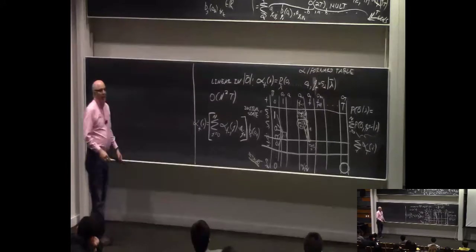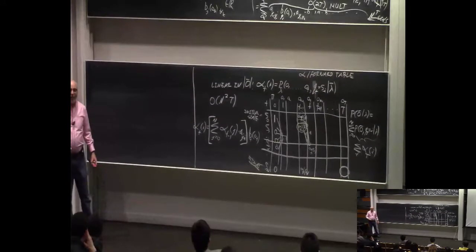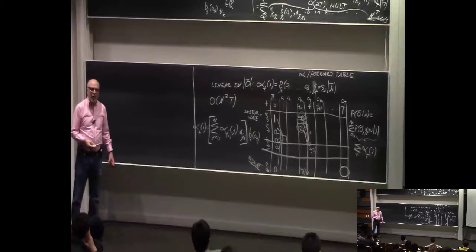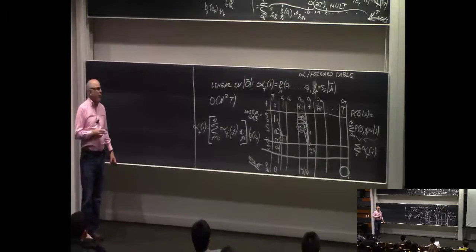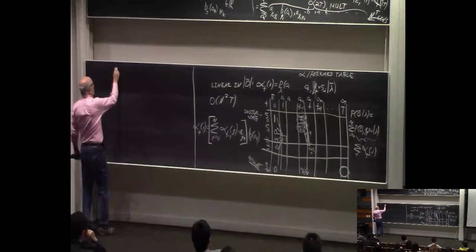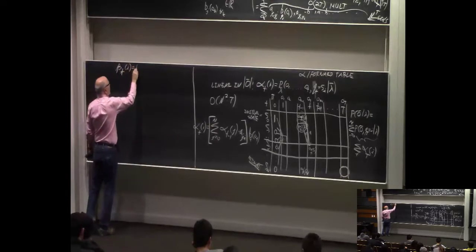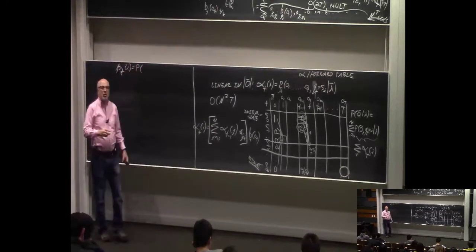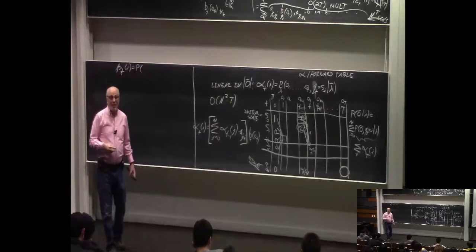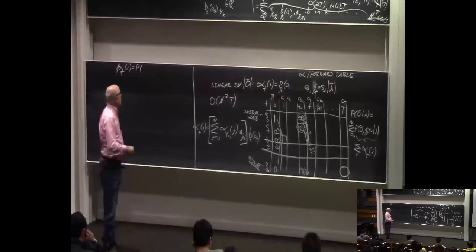I'm going to define a beta instead of an alpha. That's going to look very similar to alpha, but it's going to be different from it in a critical way. My beta of state i, time t, is going to be defined as the probability not of an initial substring, but of a final substring from some point on.